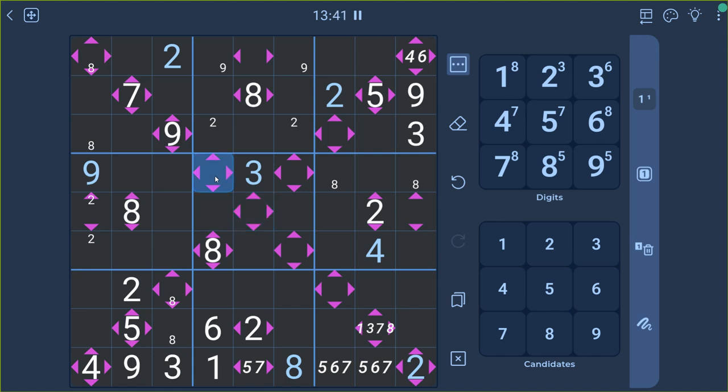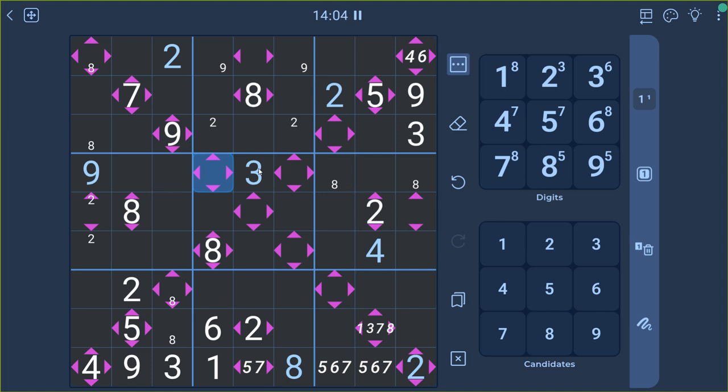Well, this one's fairly limited actually. So it's in row 4 and column 4. Now within this row, 4 cannot go in any of these spaces. So 4 could go in 6, but this cannot be a 6. 4 can go in 4.